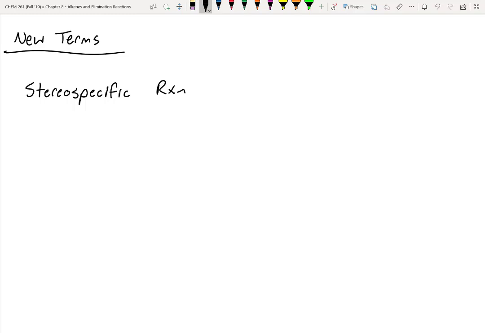And then underneath that, we'll compare that to its counterpart, stereoselective. All right, so let's compare the roots here. We've got specific versus selective. What does it mean if you're specific?